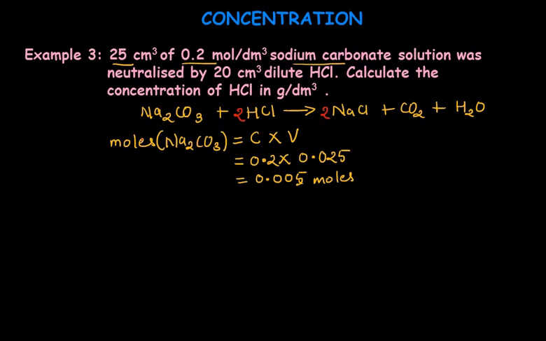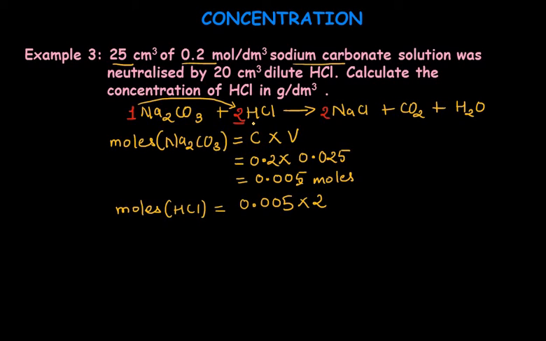Now again, let's have a look at the equation. Here 1 mole of sodium carbonate uses 2 moles of hydrochloric acid. So the mole ratio is 1:2. So moles required for HCl is double the moles of sodium carbonate. So we need to multiply the moles of sodium carbonate with 2.